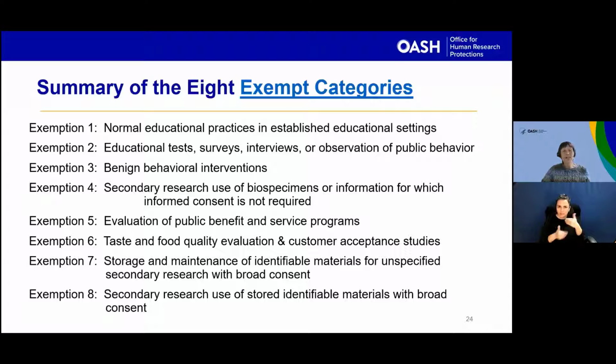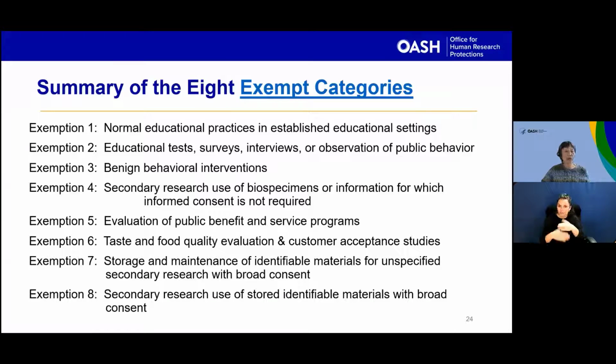Okay, now these are the 8 exempt categories that you can find in the revised common rule. Number 1, it involves normal educational practices. Exemption 2 involves interactions through tests, surveys, interviews. Exemption 3 is a new one, and it involves benign behavioral interventions.